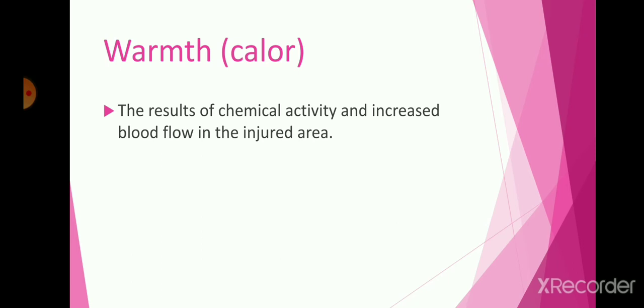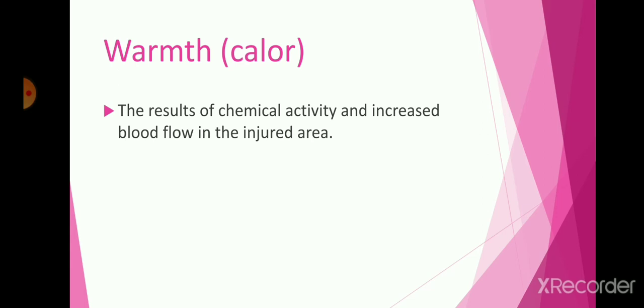Basically, blood acts like a temperature regulator of the body of the organism. Whenever the organism gets injured and blood flow increases towards the injured site, due to this increased blood supply the temperature gets elevated at that site compared to the normal body temperature.